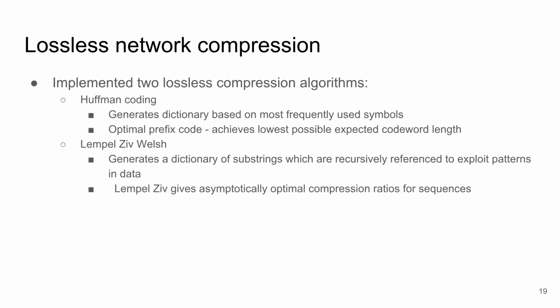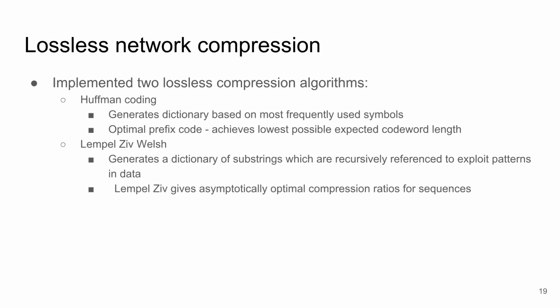And the Lempel-Ziv-Welch is another algorithm which essentially exploits patterns in the data. So what it will do is start to generate a dictionary again, and it will start to point back to itself. So instead of using the entire data set, it will start generating larger and larger substrings, and it will recursively point to itself.